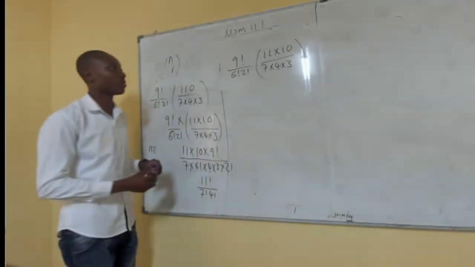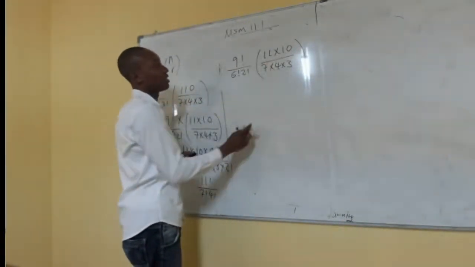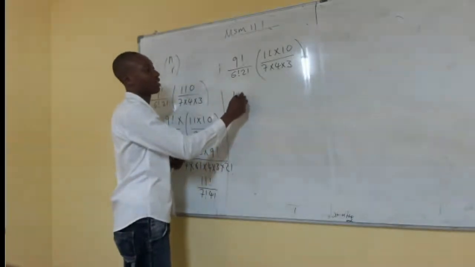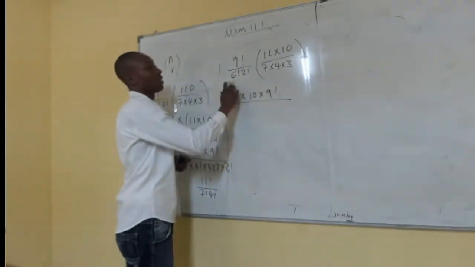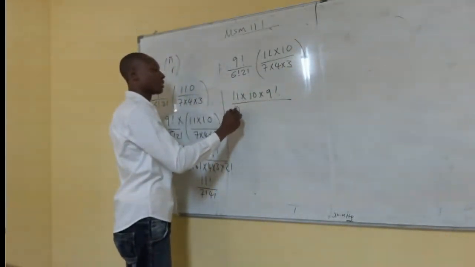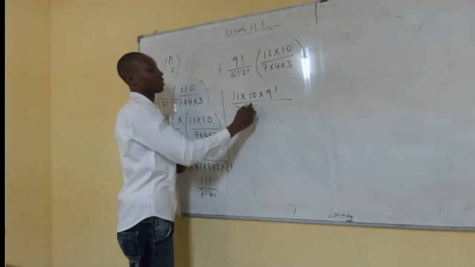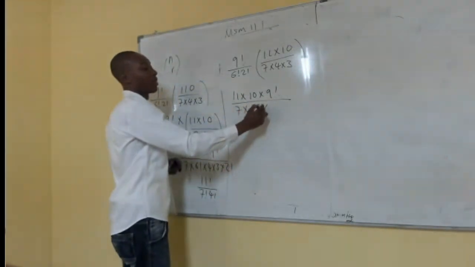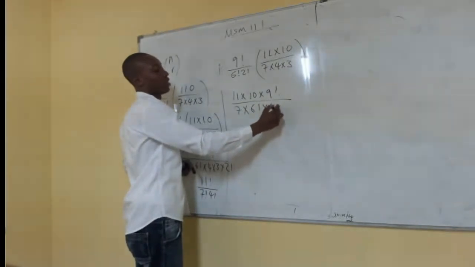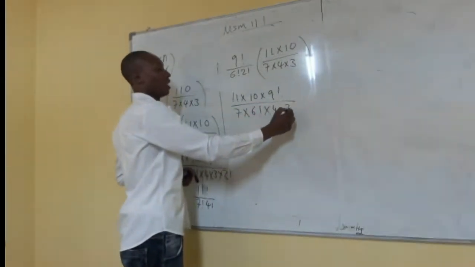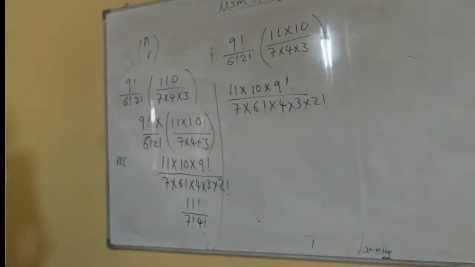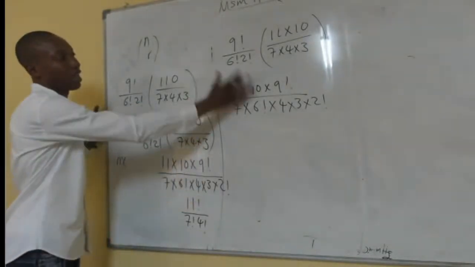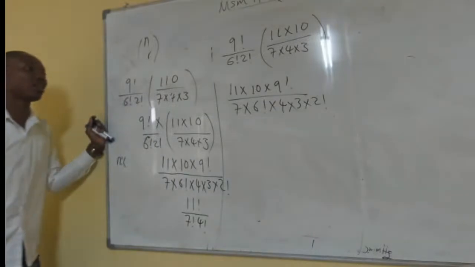Okay, so I'm starting from that point. Then I said I'm going to multiply this in descending order. So this is 11 times 10 times 9 factorial, over this is going to be 7, the largest number, times the second largest, 6 factorial. What's the third largest? 4. Next largest is 3. Then lastly 2 factorial. Okay, it's the same thing this side. I'm just writing it there for clarity in case you're unable to see clearly this side.